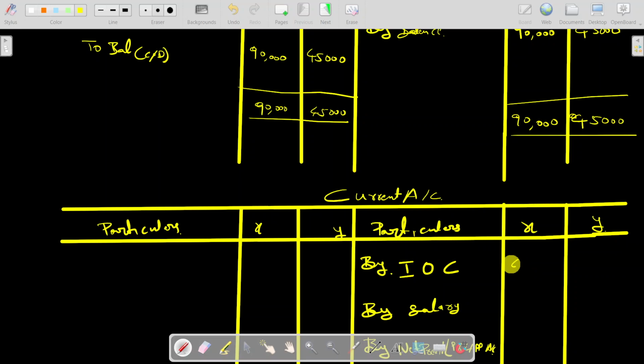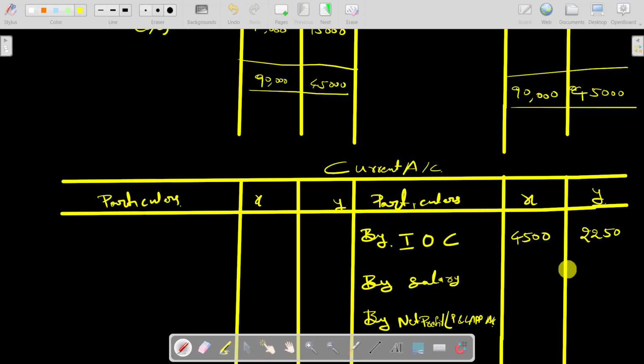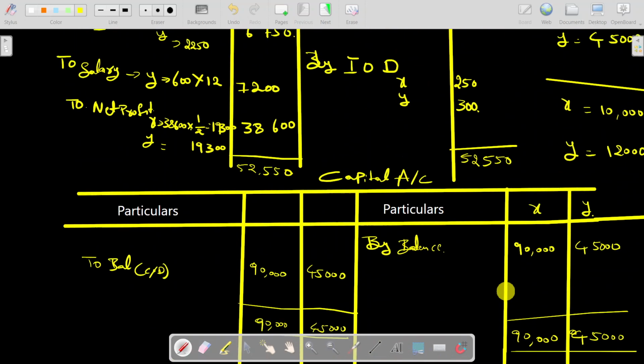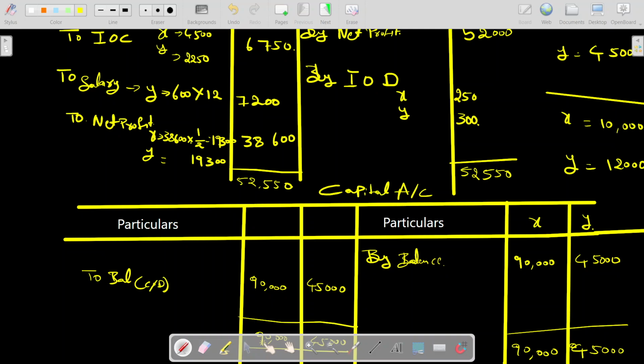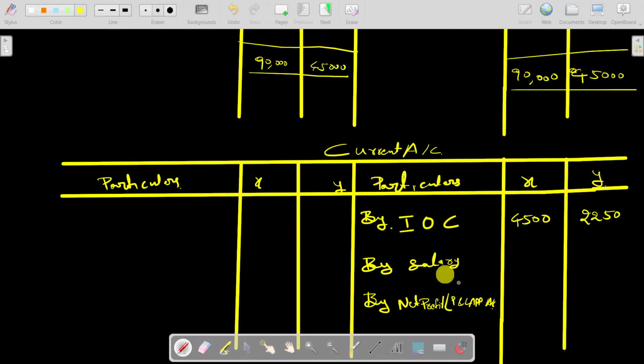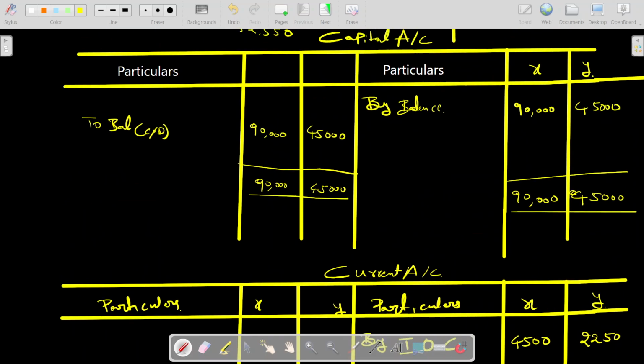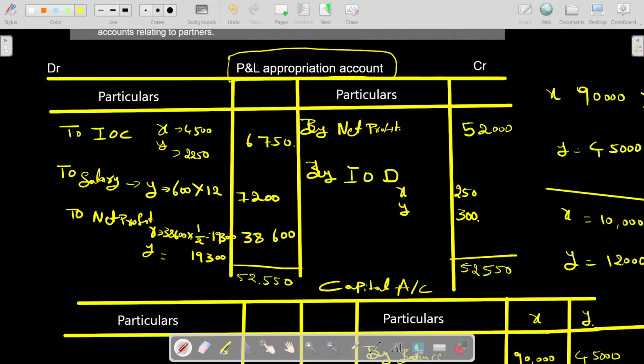X is getting 4,500, Y is getting 2,250. How much salary are X and Y getting? X is not getting any salary. Y is getting 7,200. And how much profit are they getting after all adjustments? 19,300, 19,300. Right. These are the items they are getting through the P&L appropriation account.